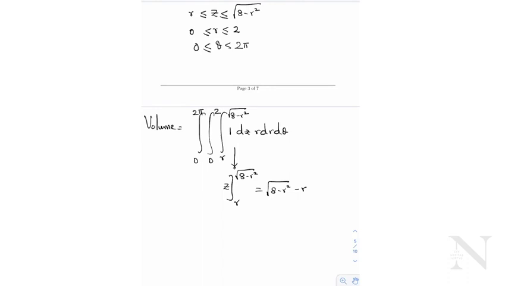Okay, so we can separate the 2 now that we only have r and theta. They don't depend on each other, luckily. So that, and then 0 to 2, square root of 8 minus r square minus r, r dr.